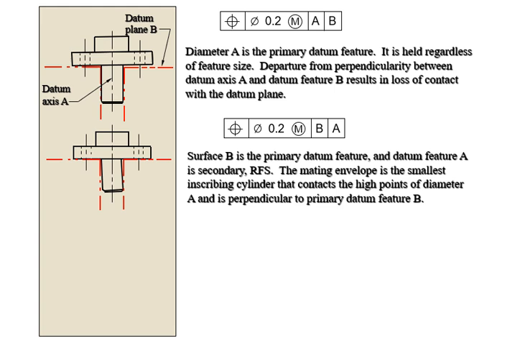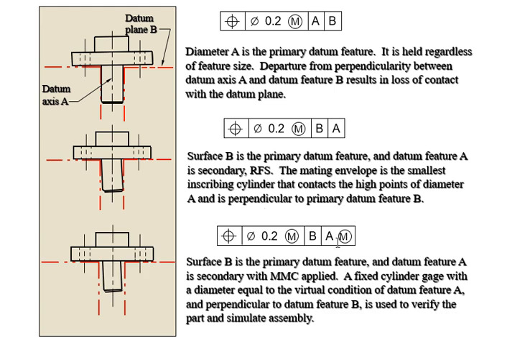All right, then we'll go into the next one, and then we put the max right here. So your surface B right there is your primary datum feature. It doesn't change from the second one. And then your datum feature A is your secondary, and we are going to apply the maximum material condition to that.